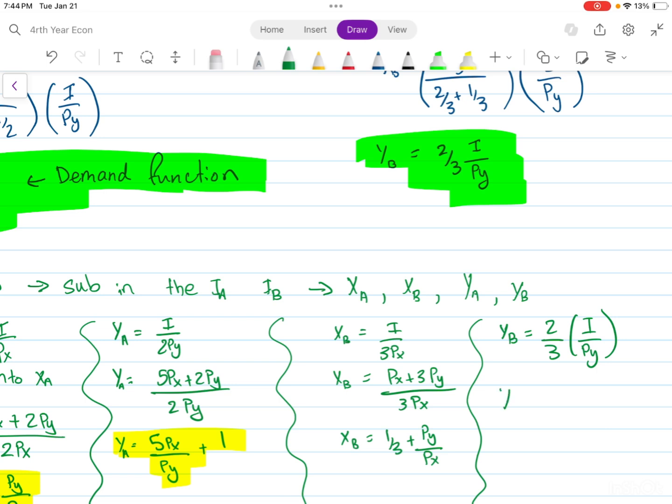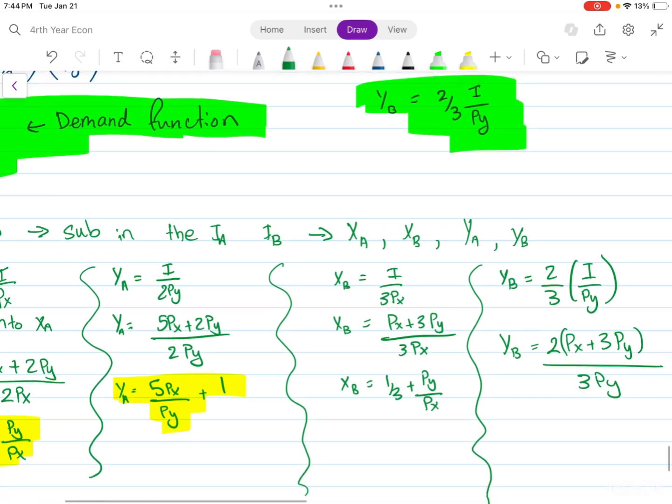And if we sub in that, 2 times px plus 3py over 3py, we get 2 over 3 px over py plus 2.